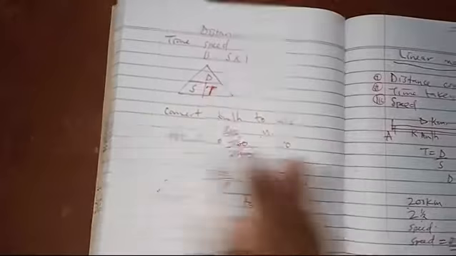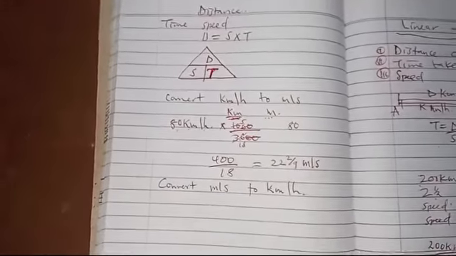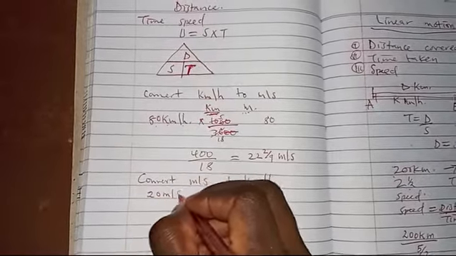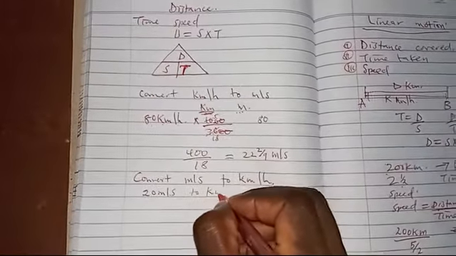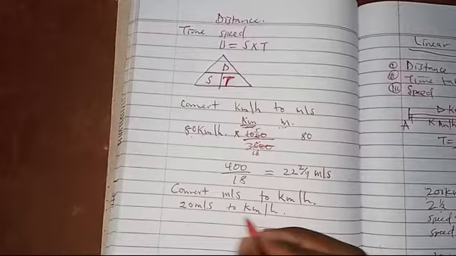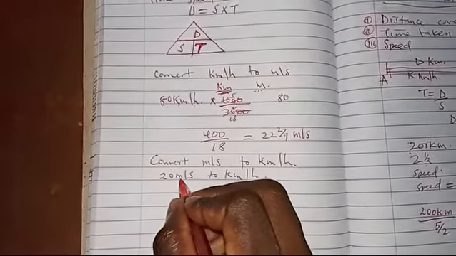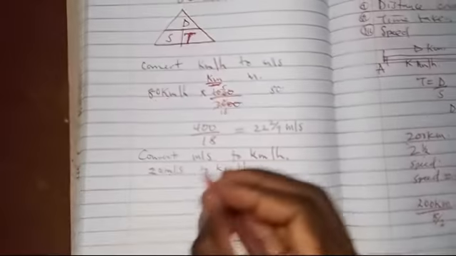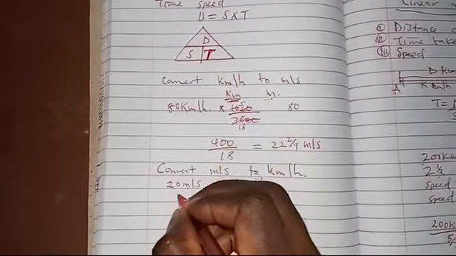Once again, you may be asked to convert from meters per second to kilometers per hour. What you normally do is very simple. Maybe you are given 20 meters per second, then convert to kilometers per hour. Converting from meters to kilometers, you are converting to a bigger unit, so it will be more over less.